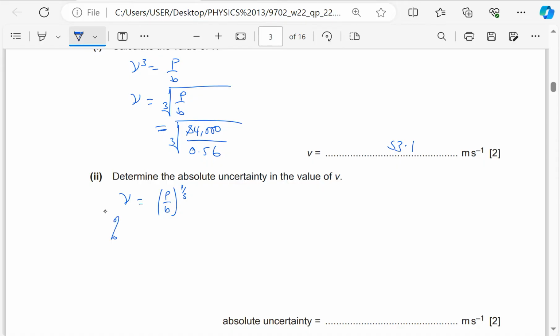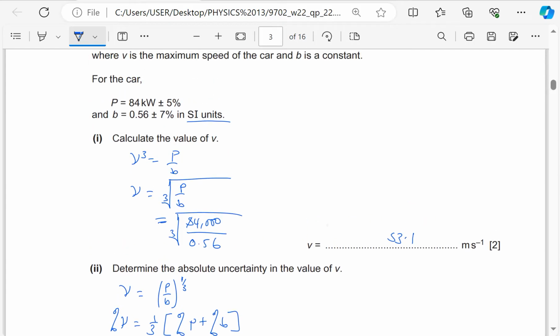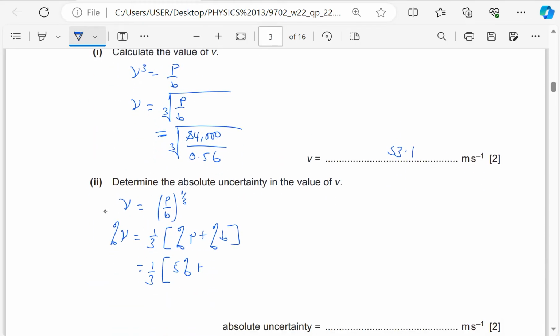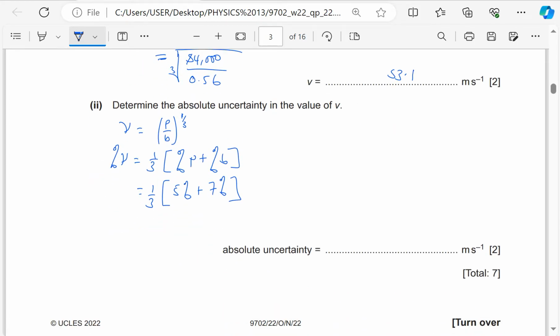The percentage uncertainty in V is 1 over 3 into brackets the percentage uncertainty in P plus the percentage uncertainty in B. This is 1 over 3 into the percentage in P, which is 5%, and the percentage in B, which is 7%. So this is 5 plus 7, which is 12, divided by 3, which is 4%. So the answer here is going to be 4.